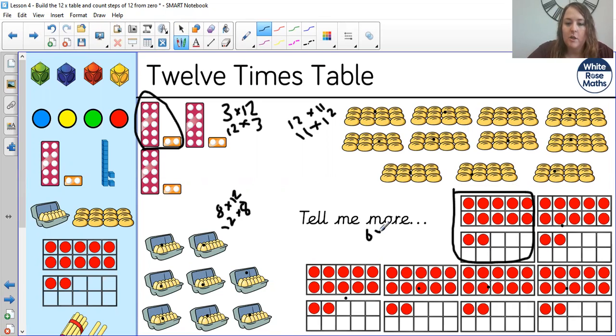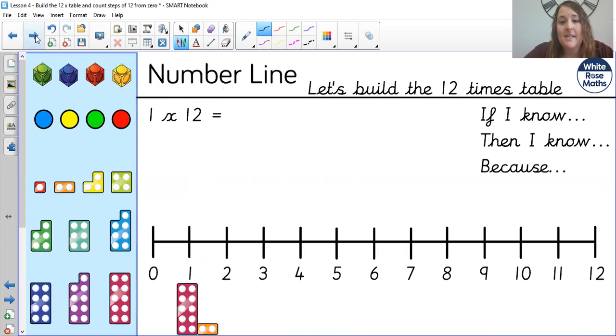So hopefully you can show 6 times 12, or 12 times 6, and apologies for writing over that writing there. If you know the answers to those, brilliant. You can pause the video here and add them on. You could also show me the division facts if you know the answer, but don't worry if you don't at this stage, because the next part of our lesson is we're going to be building that 12 times table.